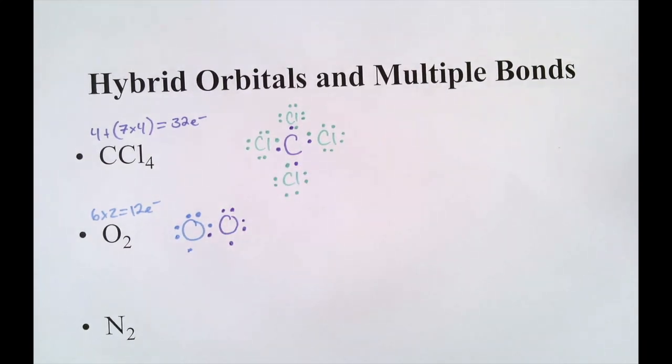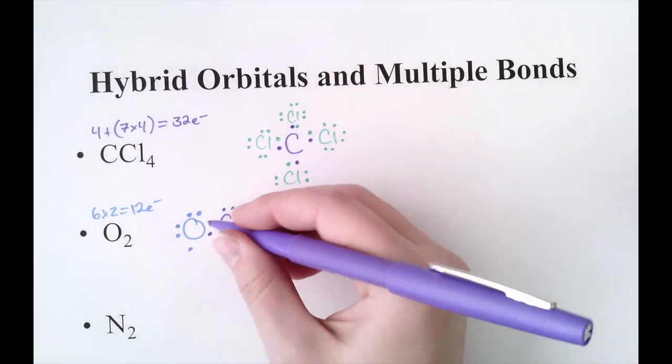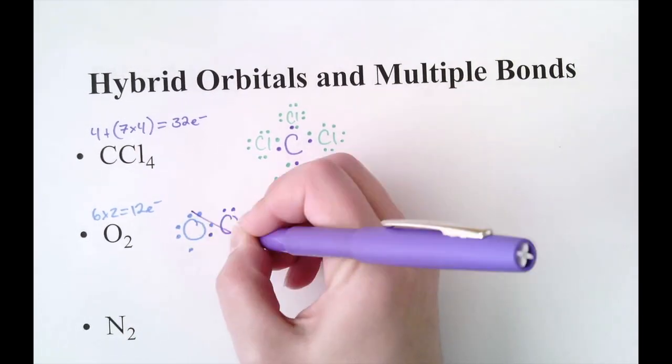But if we do it like this, you'll notice that both oxygen atoms still have unpaired electrons. So they don't have 8 electrons each. So what they're actually going to do is share 2 pairs of electrons.